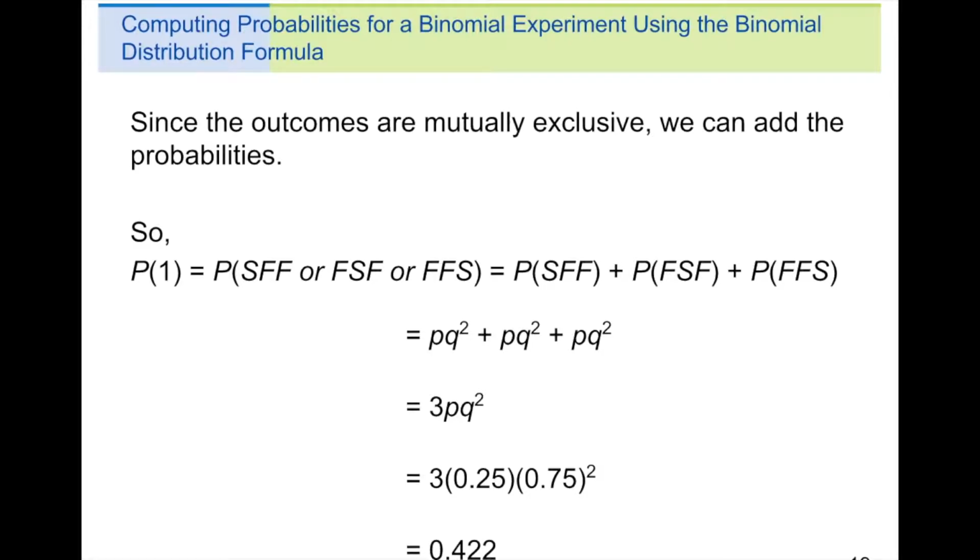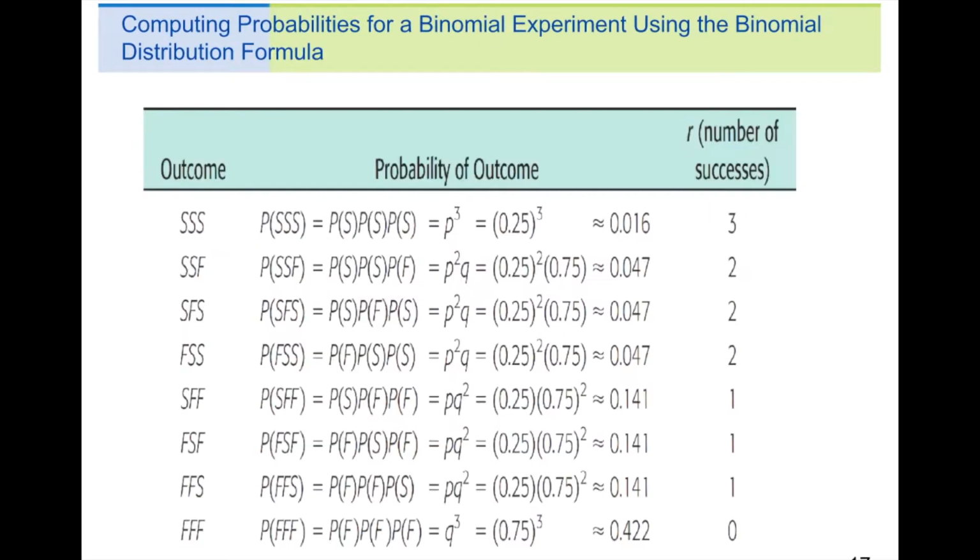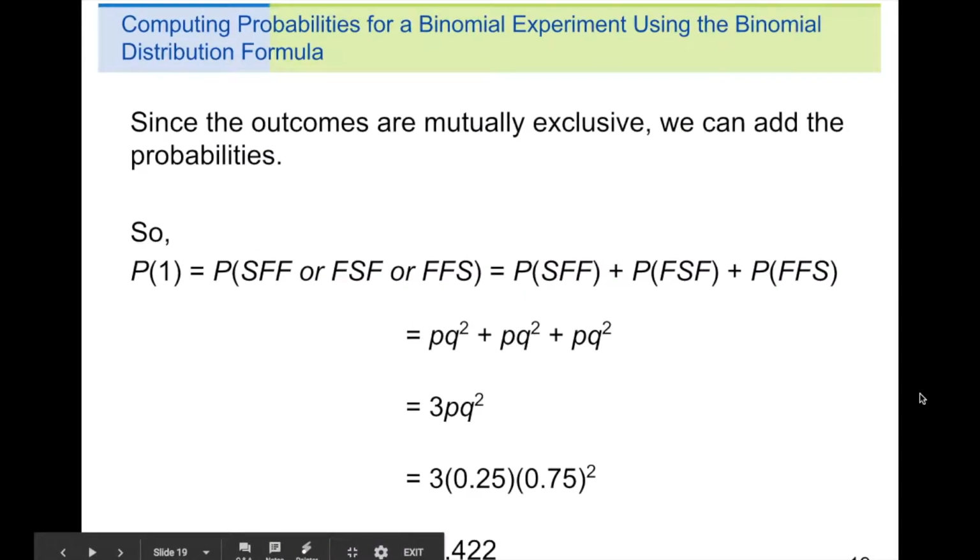So probability of 1 success is adding up those 3 probabilities, which was pq squared plus pq squared plus pq squared, because if you go back to the original, the three that had one success were each 0.141. So we just add these three together, and we get 0.422.